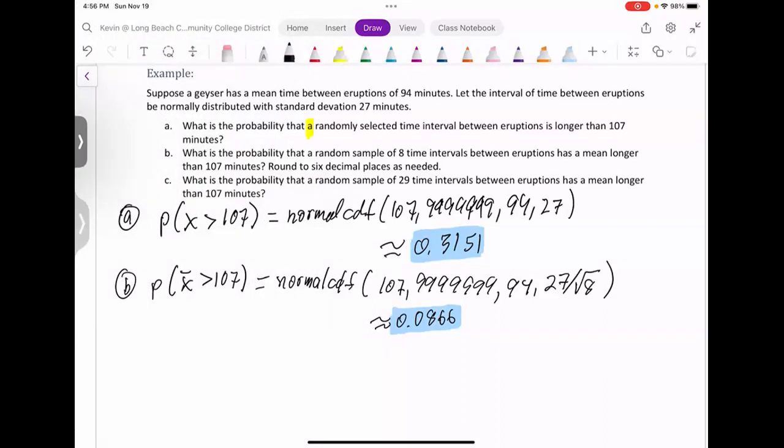Now, part C has an even larger sample size. What is the probability that a random sample of 29 time intervals between eruptions has a mean longer than 107 minutes? This is going to go down significantly, I'm guessing.